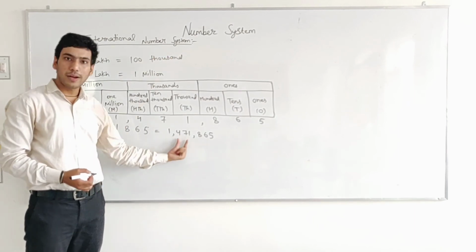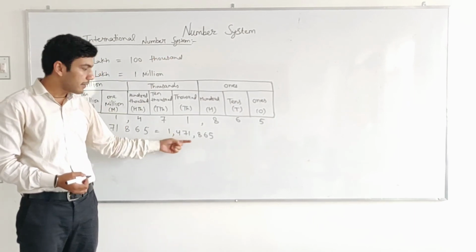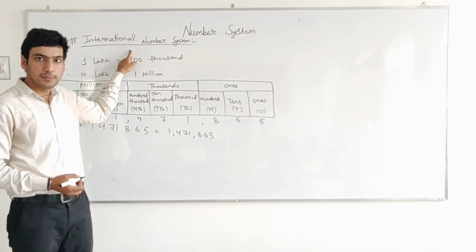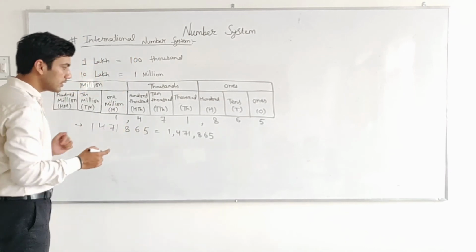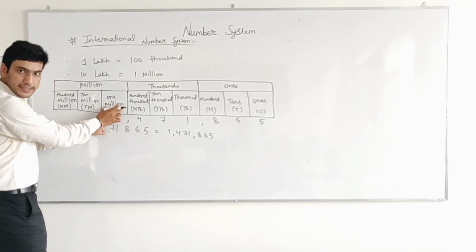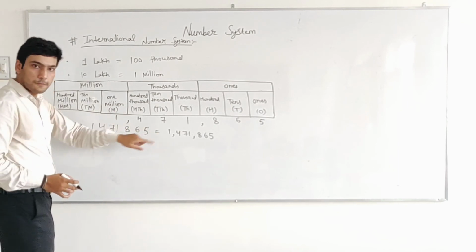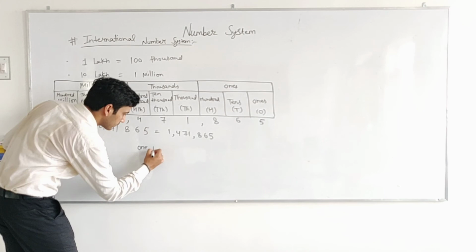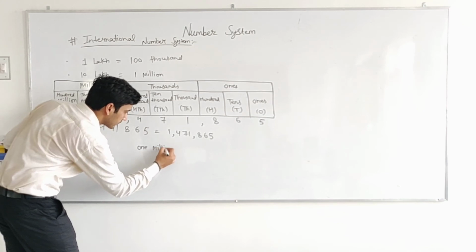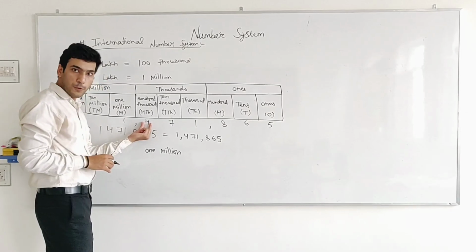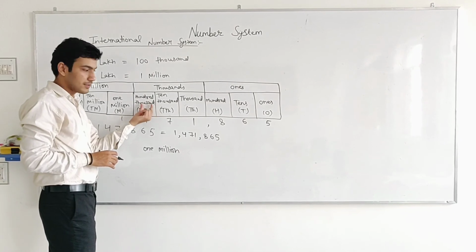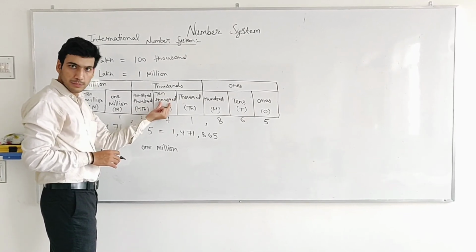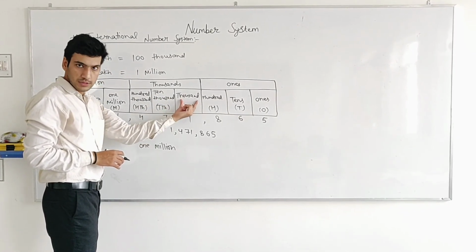Now, if I want to write the number name of this number according to this system, then what is the number name? 1 is on the 1 million place, so 1 million. Now 4 is on the hundred thousands place, 7 is on my ten thousands place, and 1 is on the thousands place.